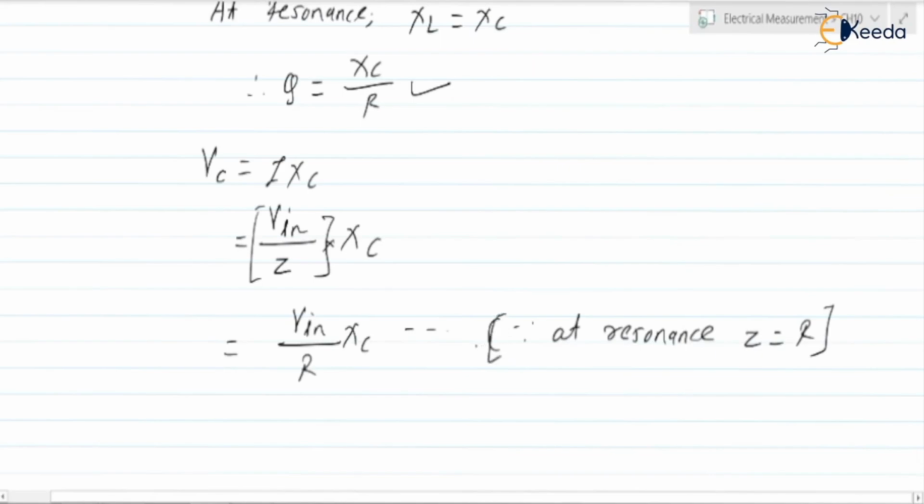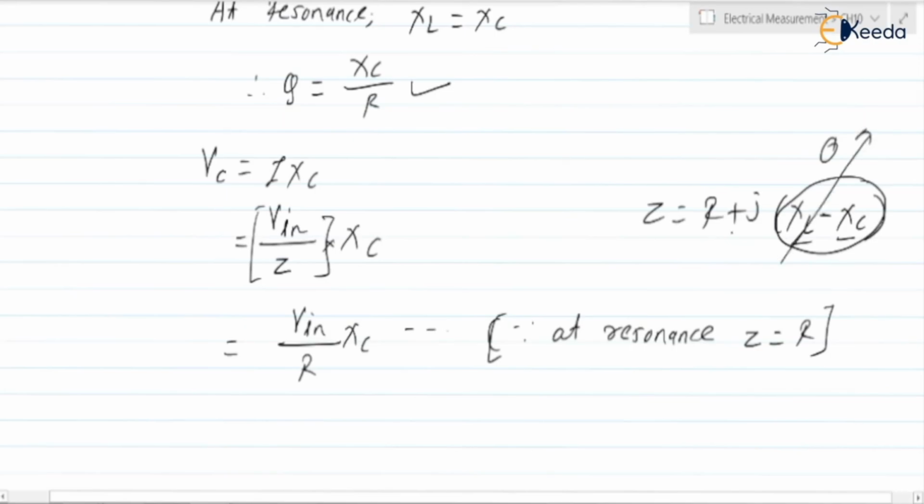Z is equal to R plus j into XL minus XC, and at resonance XL and XC are the same, so their subtraction will be 0. So impedance is equal to only resistance.